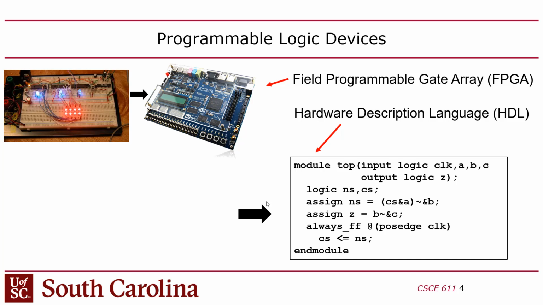Whereas if you're doing design for manufacturing, the bit stream would be polygons, would be mask layers that you would send off to Taiwan, and they would fabricate your chip, and then they'd send back your chips. A very similar process.